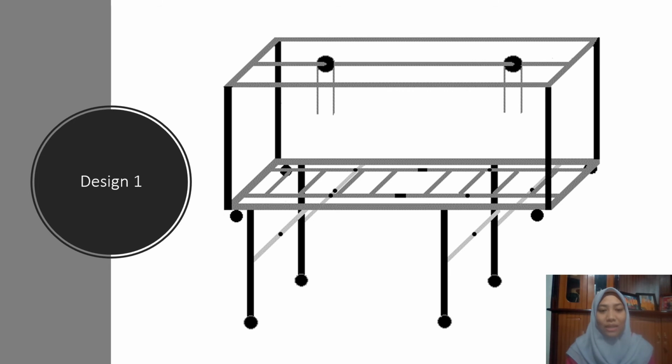Then let's go to the proposed designs. Basically, all the proposed designs have a different configuration in the leg and pulley placement. In design one, two legs are placed a bit to the left, while the other two legs are placed away from the right edge.